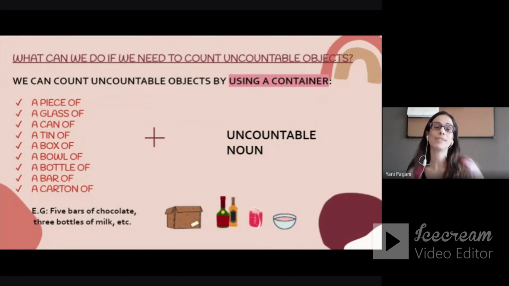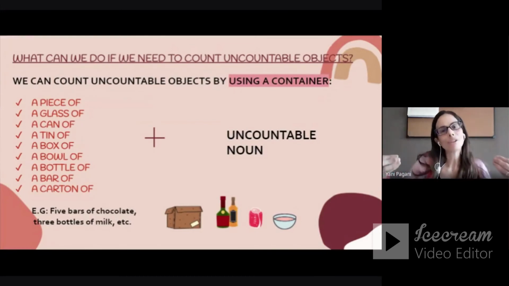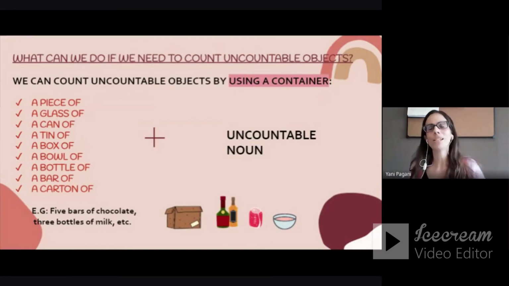The ones that you can see, for example, in this picture. A piece of, a box of, a bottle of, a tin of, a bowl of, a can of, a carton of, a bar of, and then after this container, we incorporate the uncountable noun.